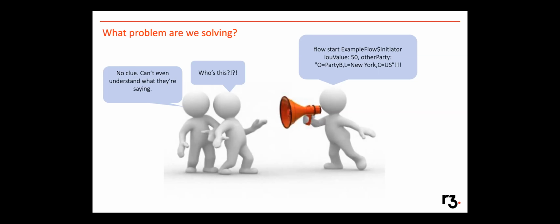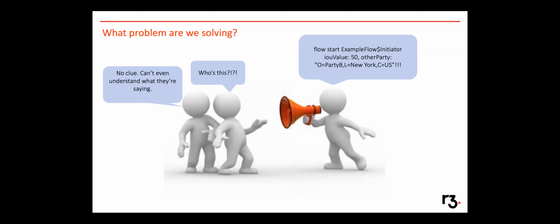You can't even understand what they're saying. You have to go onto a network map, or you have to go off the ledger and find a catalog documenting everything, a hash map, or whatever map, a table that maps the X500 certificate to the real business identity of your counterparties.